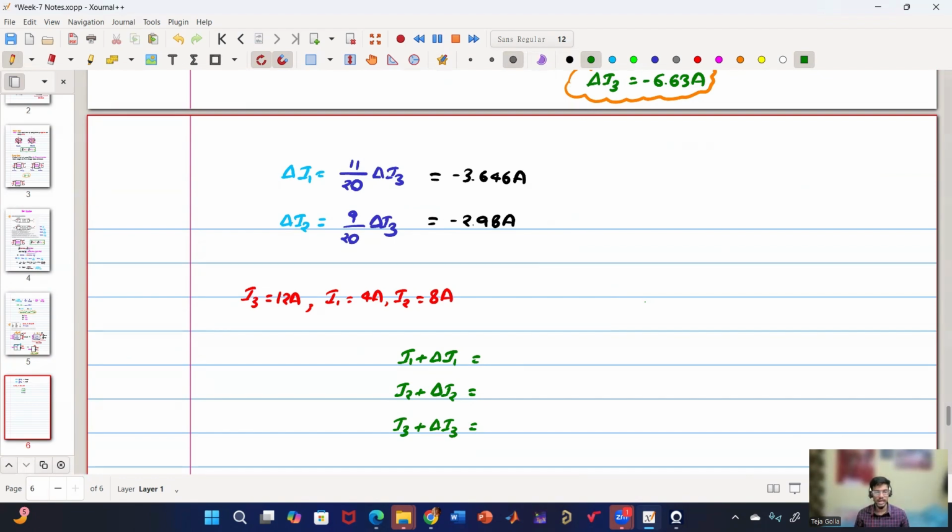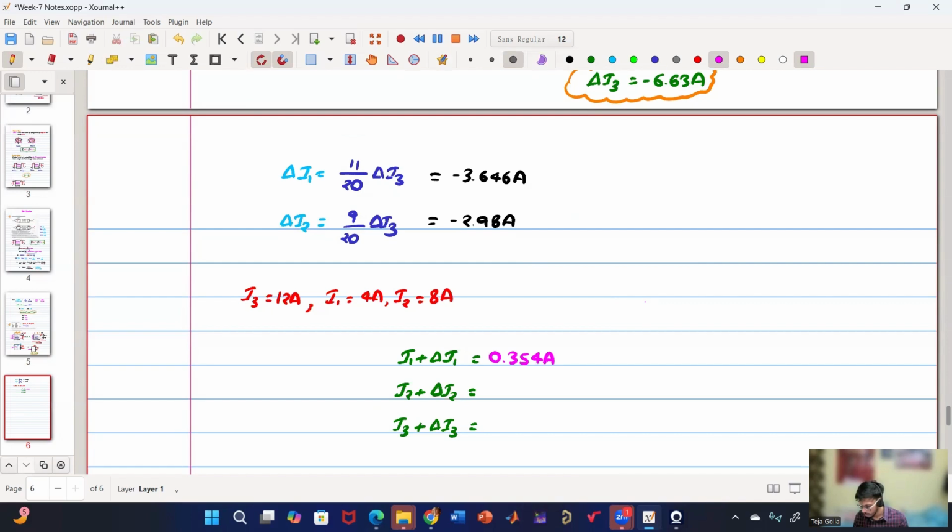I1, I2, I3, delta I1, delta I2, delta I3, all are calculated. You just have to add them. 0.354. Okay, very good. And then, 4.35, sir. Which one? I2.